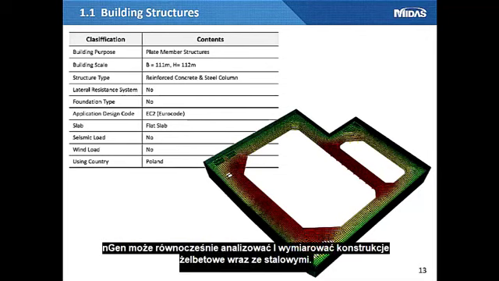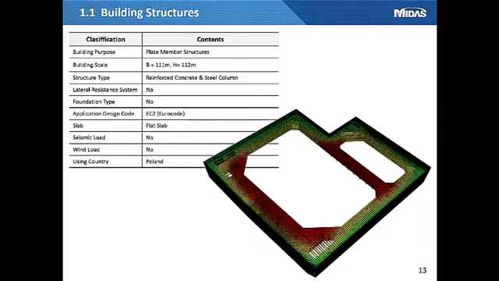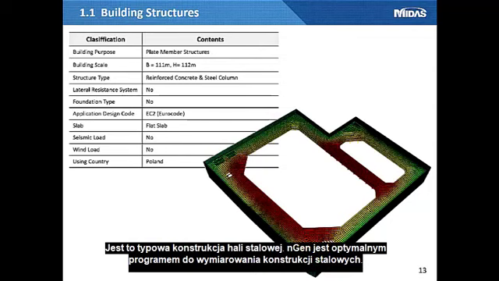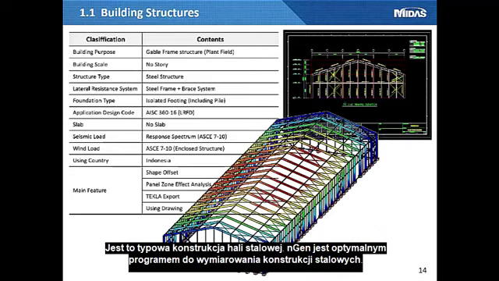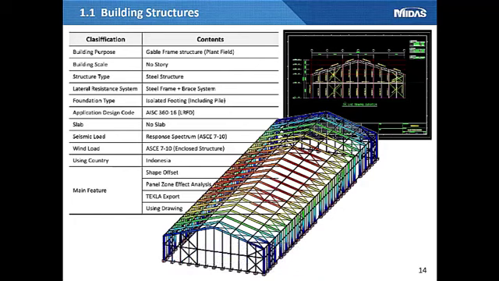nGen can simultaneously analyze and design RC and steel structures. It is a factory-type steel structure that can be commonly seen. nGen is an optimized program for designing steel structures.